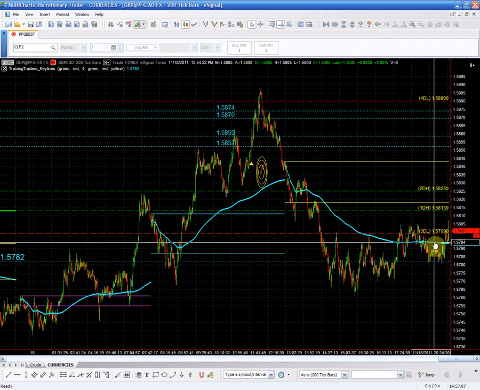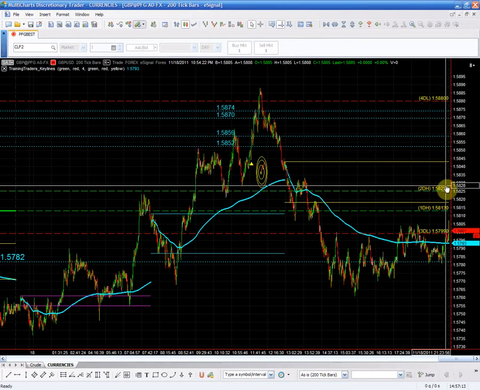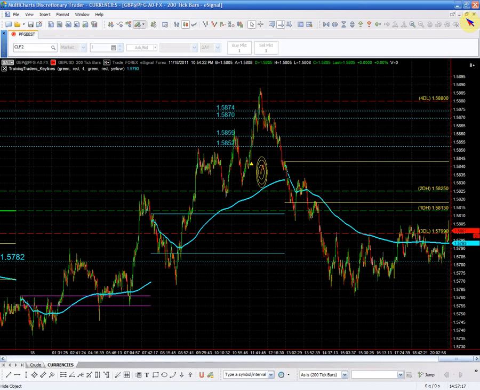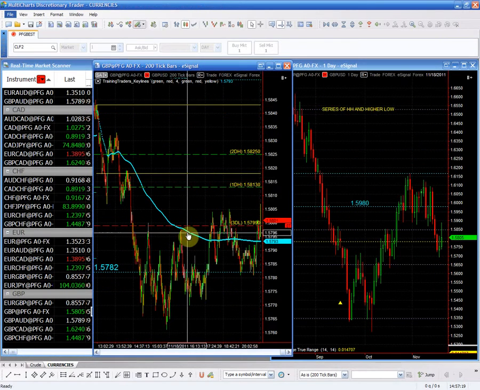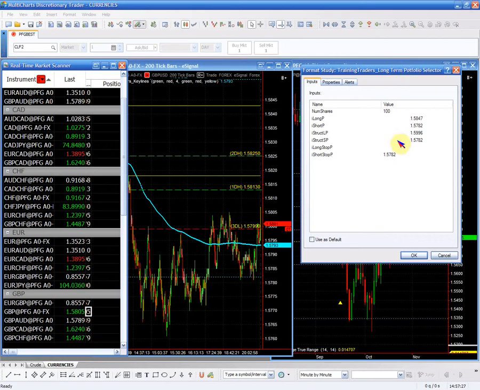So I can buy it above the 158.25. That would be my buying point. 158.25 is the 2-day high. So I'm buying it above 158.25. That's my long point.